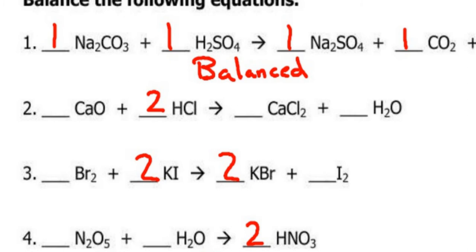On to number 3. Again, we're trying to balance the reaction. We put a 2 in front of the second compound to double the potassium and the iodine. We put a 2 on the KBr on the product side to make the 2 reactions equal. Number 4, same idea. Number 4, we did have to be careful with the oxygens here.